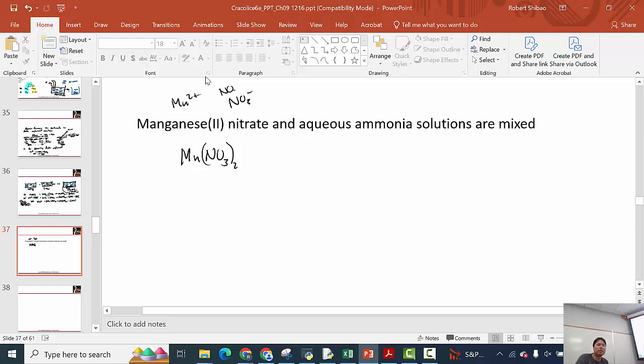So we need 2 nitrates to balance out the charge. And then for ammonia, what's the formula? NH3. And add H2O. Otherwise, it's not going to be an AB plus CD.